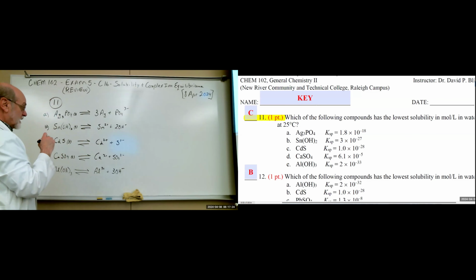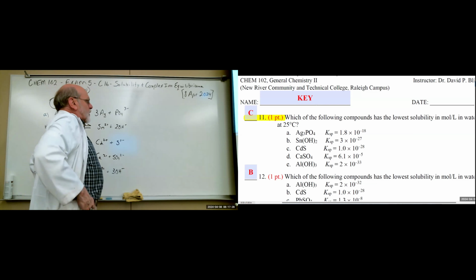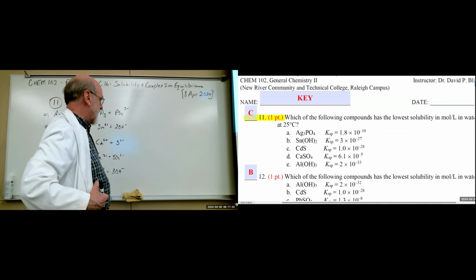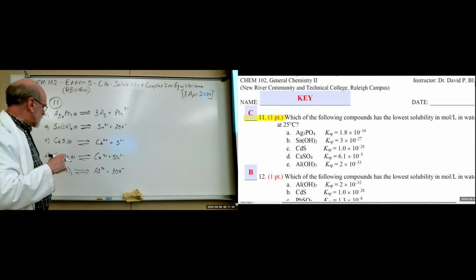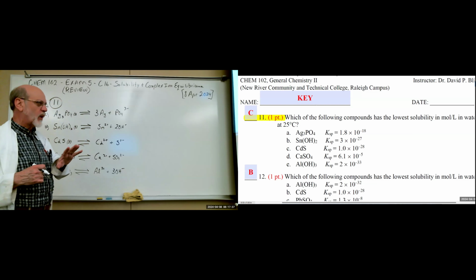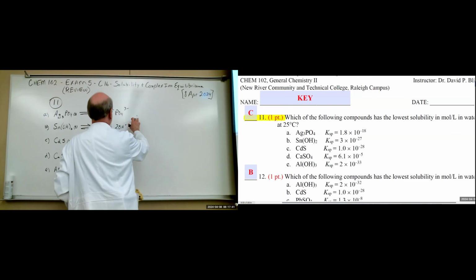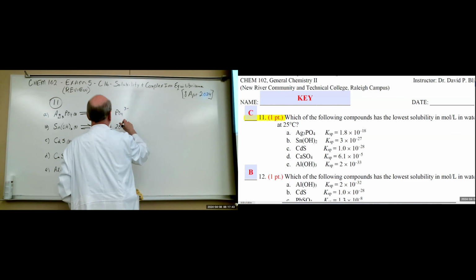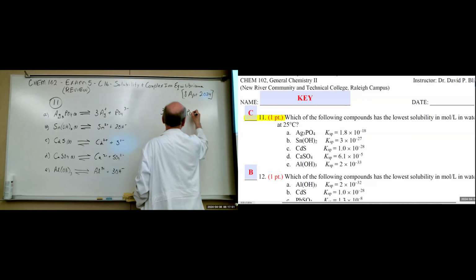Here. Okay. So there actually is a pattern to the ICE table when you set them up if it's just the compound going into pure water, and I'll use this as an example. If we have 3 silvers, we got a charge, and phosphate.